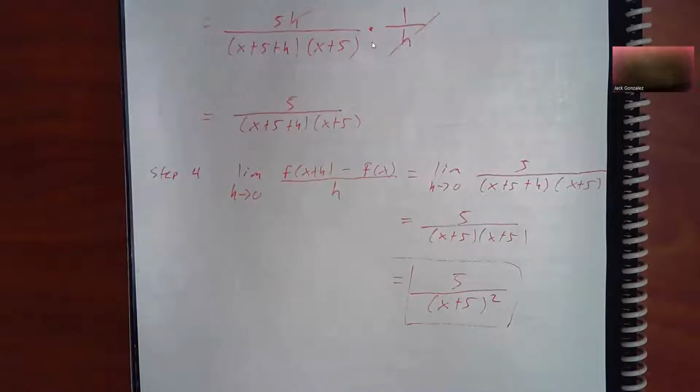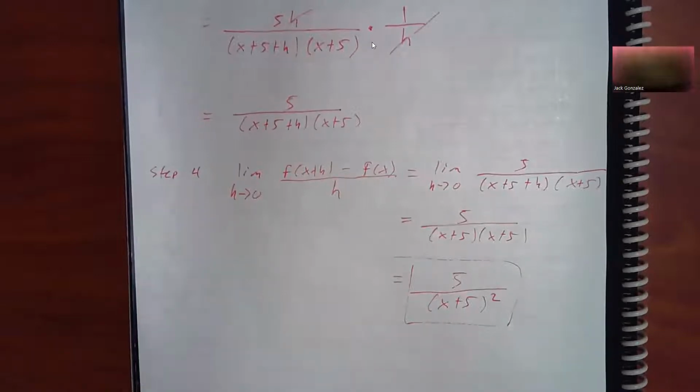Was that doing the derivative without the rules? What's that? Was that also doing the derivative without the rules? Yeah, this is without using any of the special rules. This is the limit.